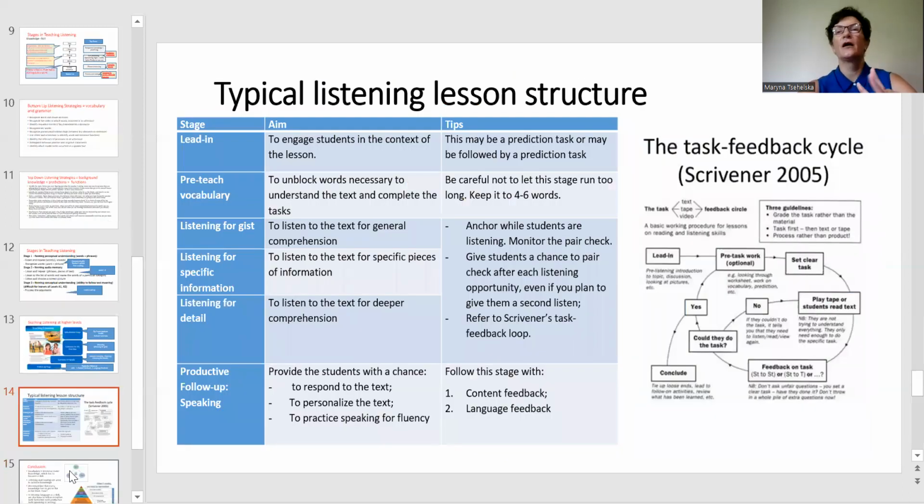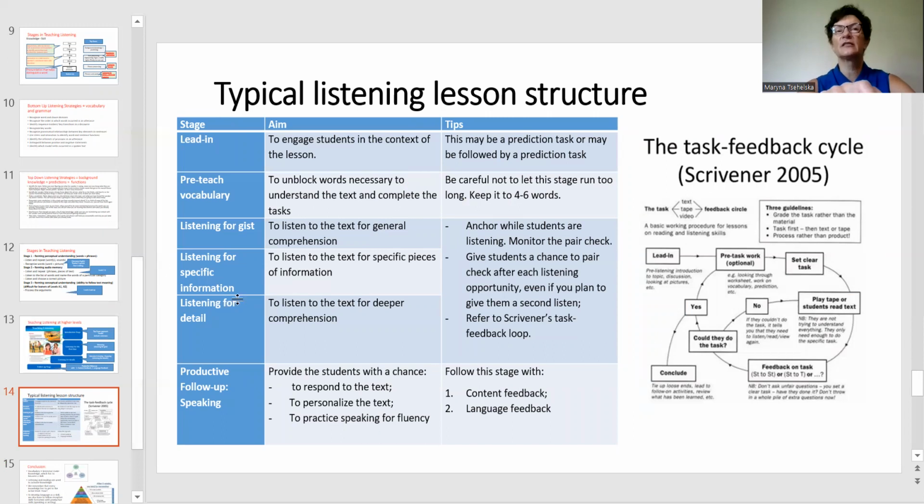So you see the typical listening lesson structure, which I put here: a lead-in with the prediction, the vocabulary pre-teaching where you unblock the words, then you listen for gist, and it's good to anchor, while students are listening, to pay their attention to some details, to make them focused.